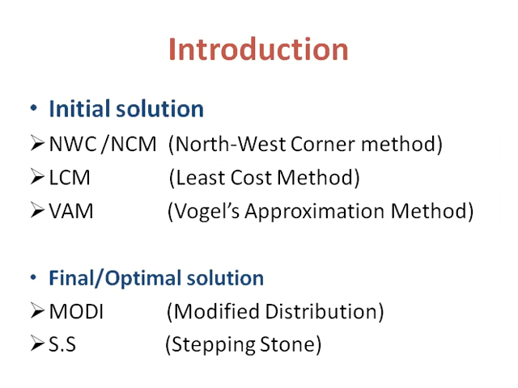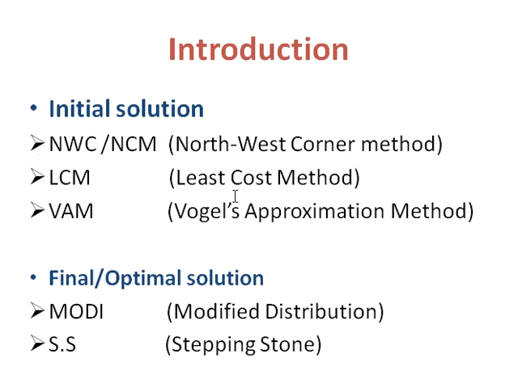In transportation problems, we have two steps to solve the problem. In the first step, we find the initial solution, and in the second step, we optimize it. For finding the initial solution, we have three methods. First is NWC or NCM, known as the northwest corner method.